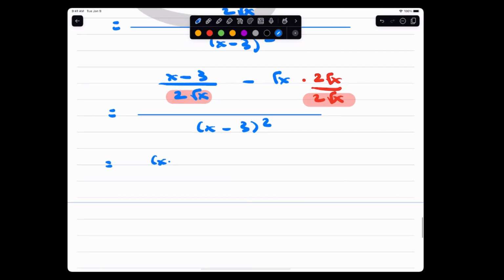So you get now x minus 3 minus 2x, and that's over 2 square root of x. We'll do every detail. Over x minus 3 squared.